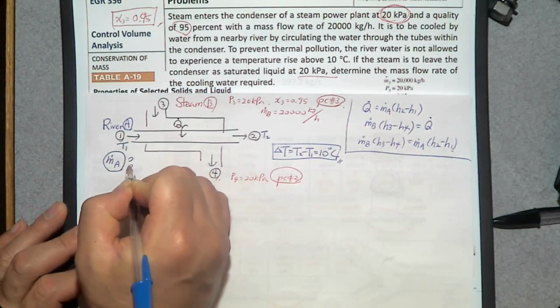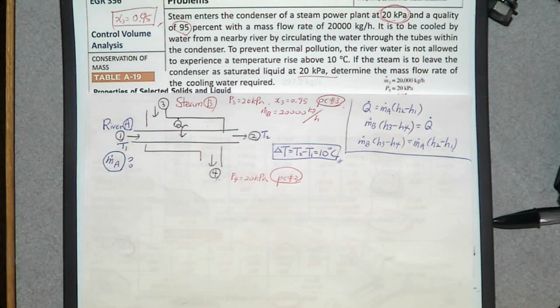This is what we want. So among these 3 energy balance equations, which one do we use? It's pretty simple. Are we interested in the rate of heat transfer Q dot? No. So we're not going to use the first one. We are not going to use the second one.